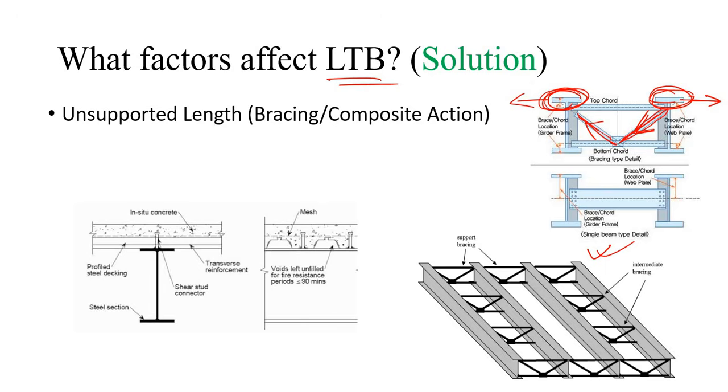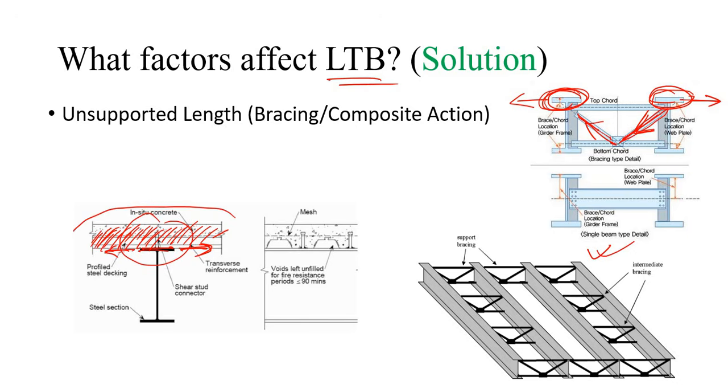How is this possible? It is not possible to eliminate the top flange, but what we can do is create a composite section like this one. Here you can see this top flange is embedded within the concrete. Once it is embedded within the concrete floor, what will happen if it tries to buckle this side or this side?